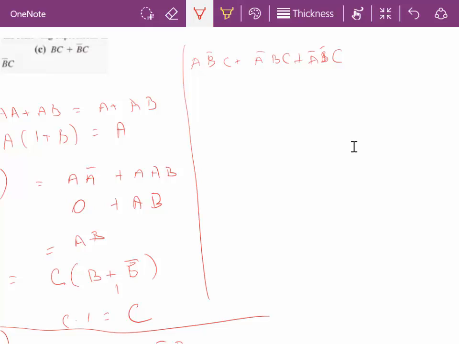So if I factor, for example, the C out of the first two, I'm left with C times A B naught plus A naught B. Does that help me any? I don't see anything that's going to help me on that one. So let's look at the next one. That doesn't help me any.